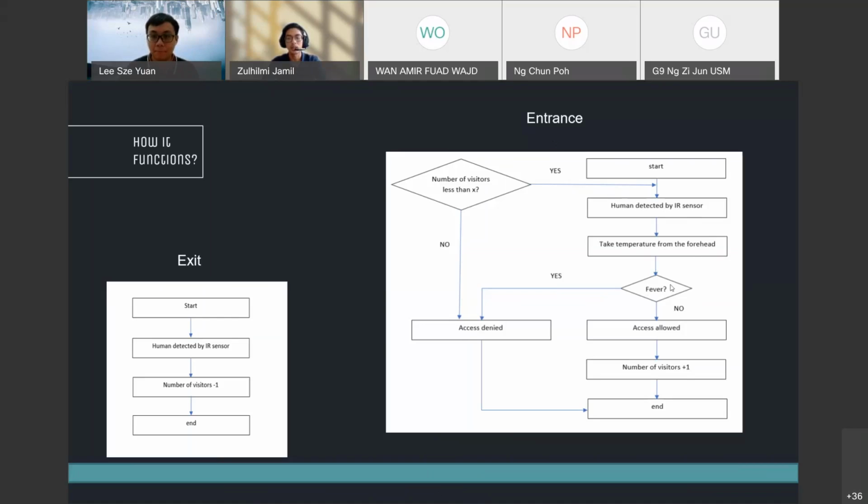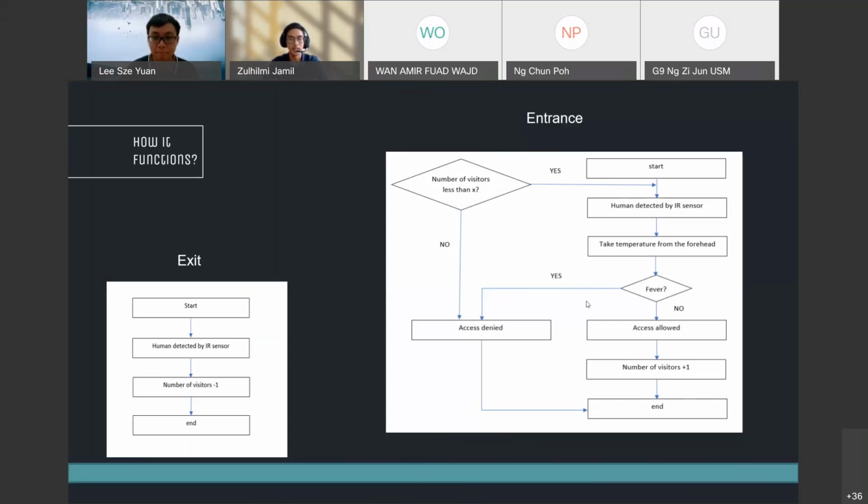If the reading is in range, no fever is detected from the visitor, so the green LED will light up and the temperature reading will display on the LCD screen. Access is therefore allowed, and it will connect to the servo and open the gate. That is when the crowd controlling system comes into operation.